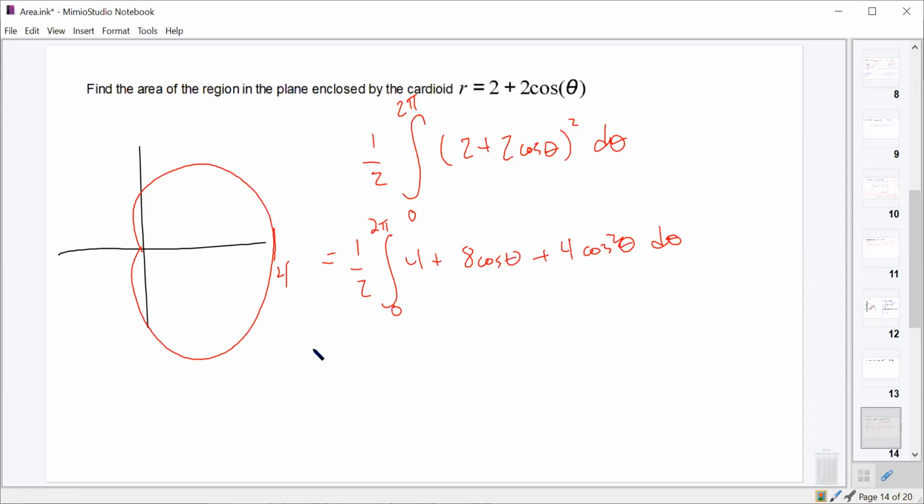We get 1/2 of 4 theta plus 8 sine theta for the first two. And then we could take the 4 out, and the 1/2 makes it into a 2. So 2 times the integral of cosine squared theta d theta. Everybody good with that so far?